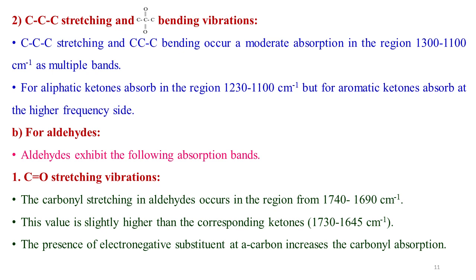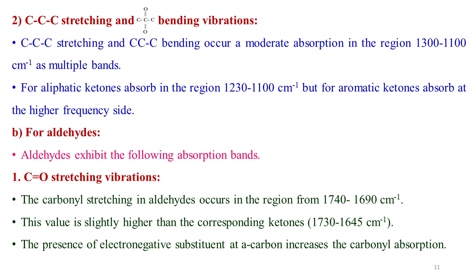Moving on to aldehydes, it exhibits the following absorption bands. The carbonyl stretching in aldehydes usually occurs in the region of 1740 to 1690 per centimeter. The value is higher than for the corresponding ketones, which is 1730 to 1645 per centimeter. And the presence of an electronegative substituent at the carbon increases the carbonyl absorption.